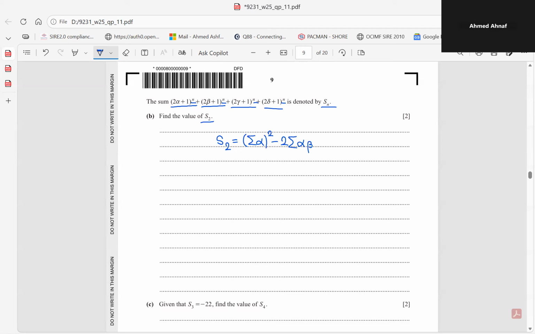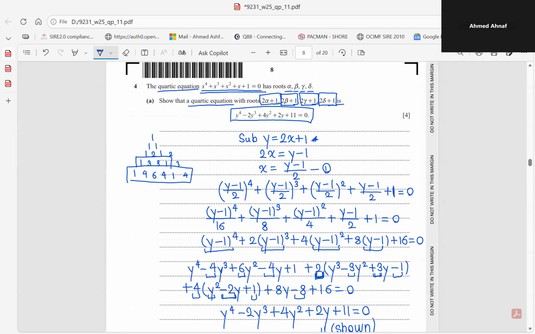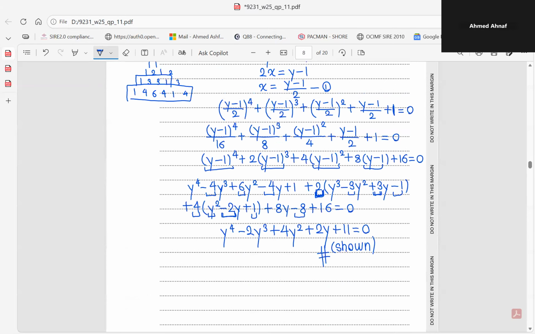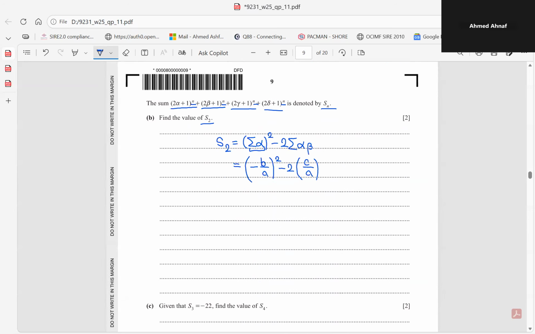Okay, so to find this, it's just minus b over a, squared, minus 2c over a. So b is the coefficient of the y cubed term.